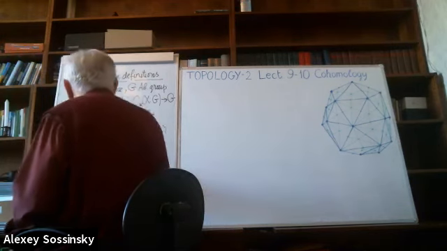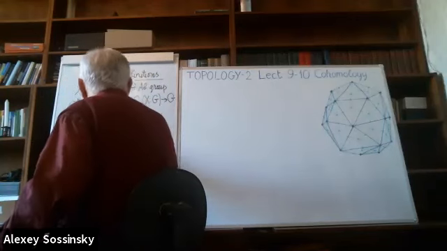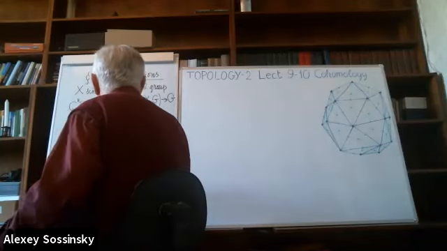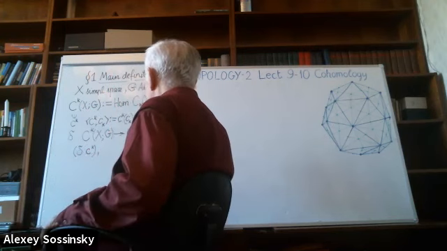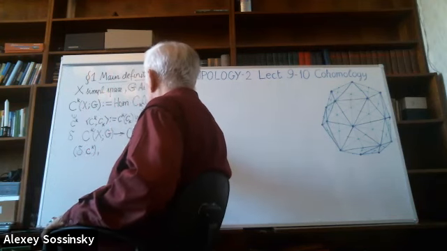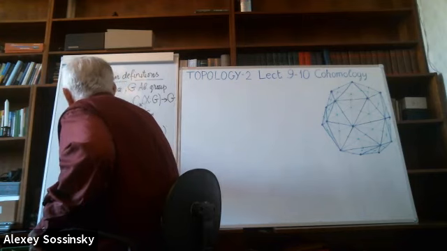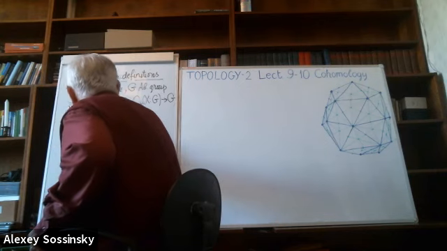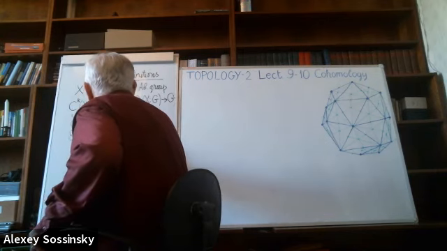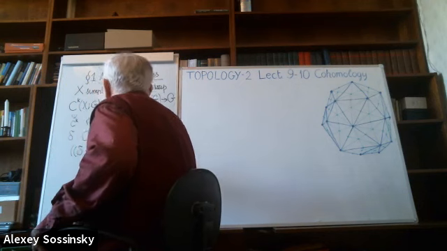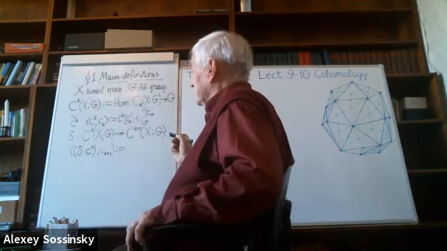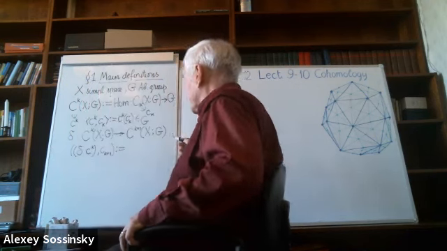So we must define its value on a chain of what dimension? Of dimension k plus 1. So this is what we must define. And if you think a little bit, you will see that there's only one reasonable way of doing this.